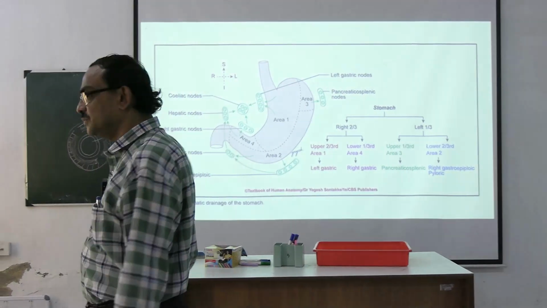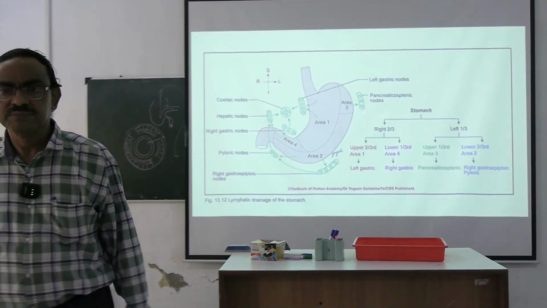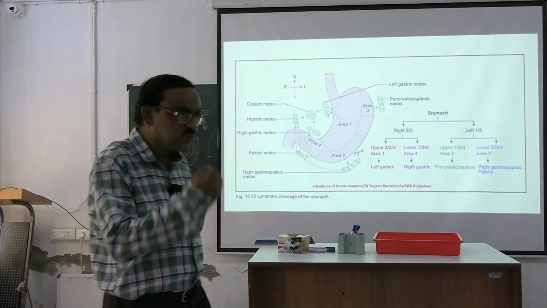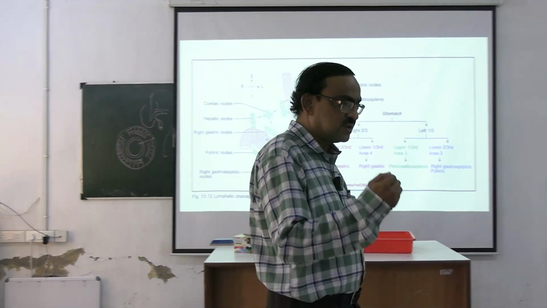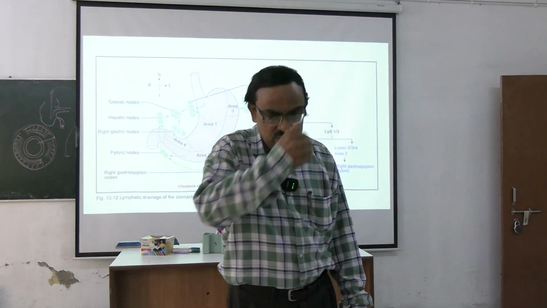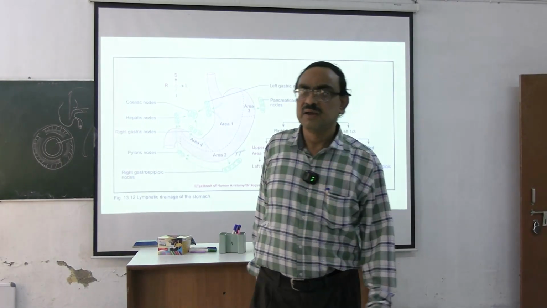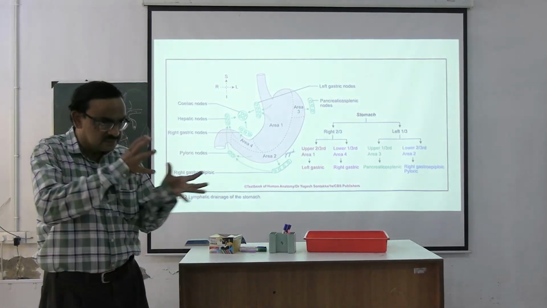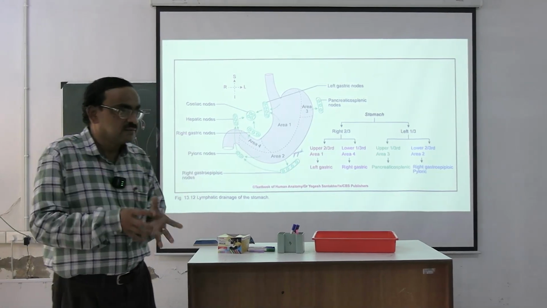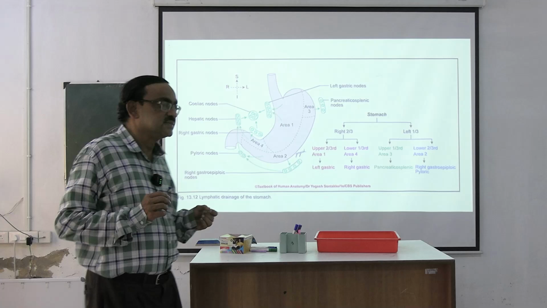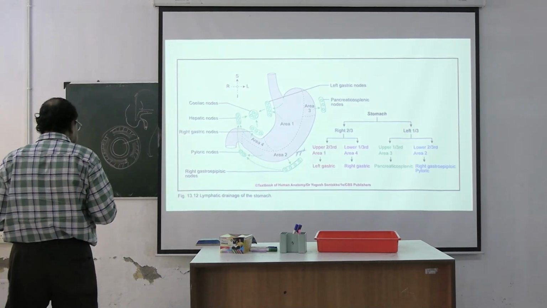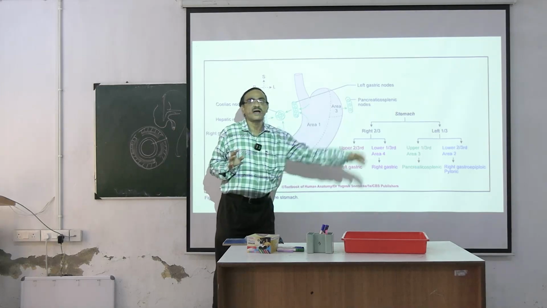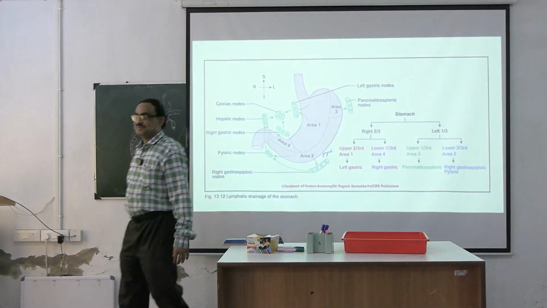Now about the lymphatics, they develop from the mucosal plexus, submucosal plexus, within the muscle the myenteric plexus, and subserosal plexus. There are lymphatic channels, and those lymphatic channels move around the arterial supply.